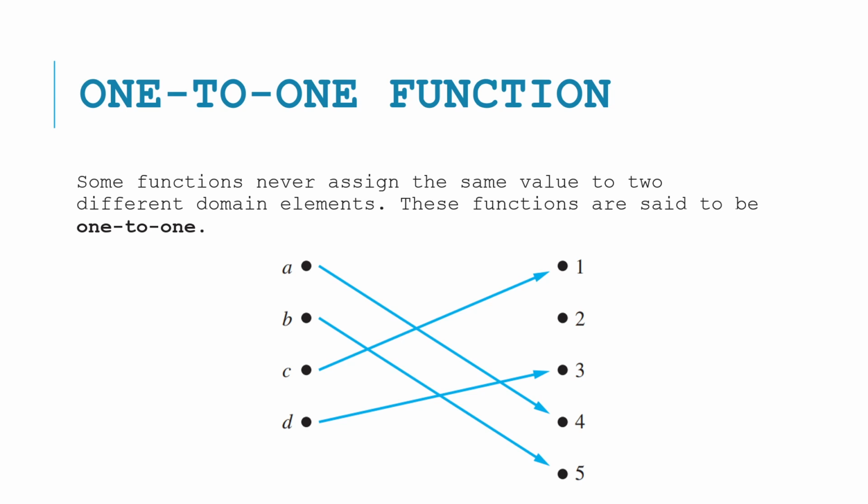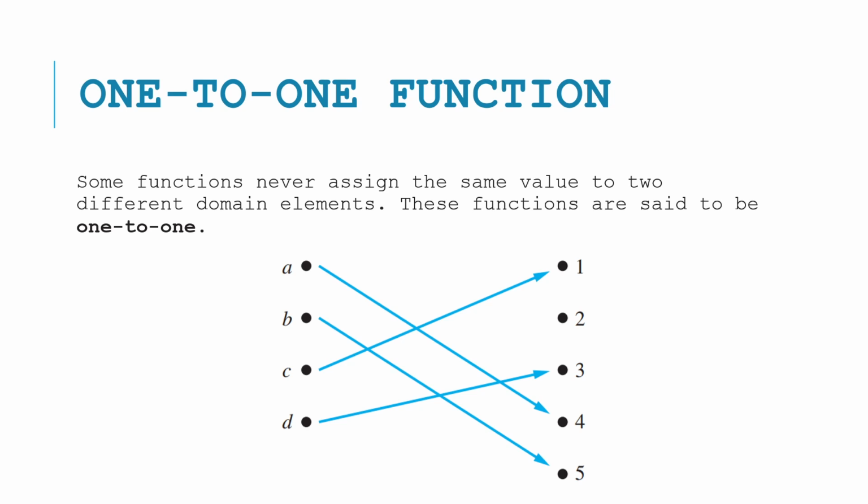Now, here are the types of functions. A function is said to be a one-to-one function if all values of our domain are assigned to just one value of y, and vice versa. You could not have a value in the codomain where there are two values of x.